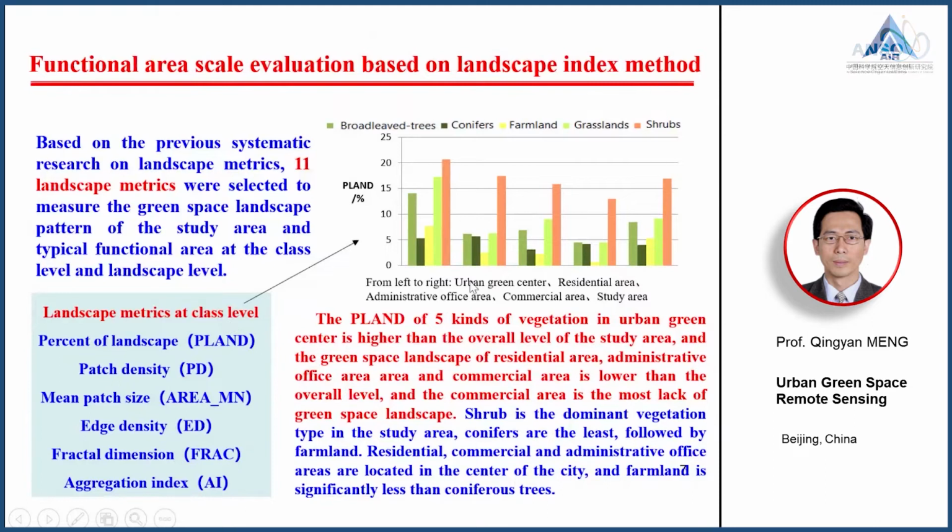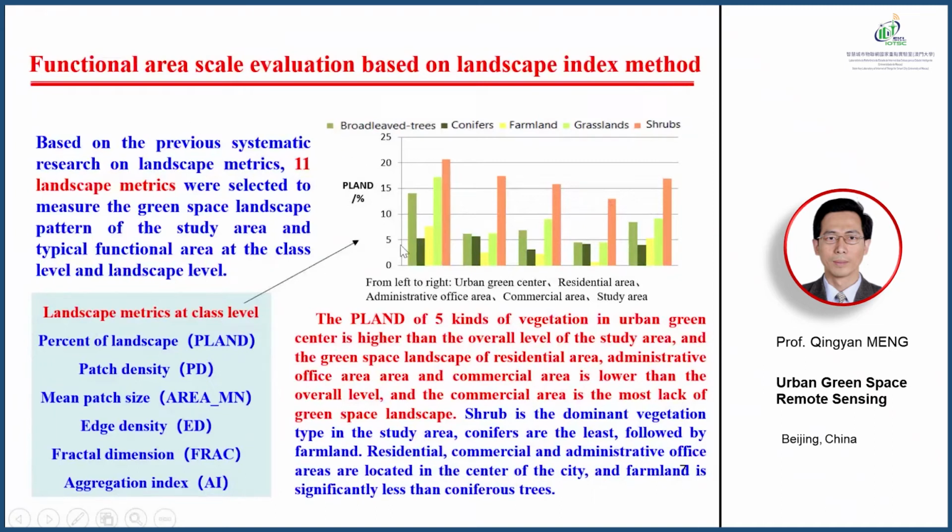And the plan of the 5 kinds of vegetation in the urban green center is higher. You see, from the left to the right, this is the broadleaf trees, conifers, the farmland, the grassland, the shrubs. I have introduced just now the 2-dimension urban green space vegetation.